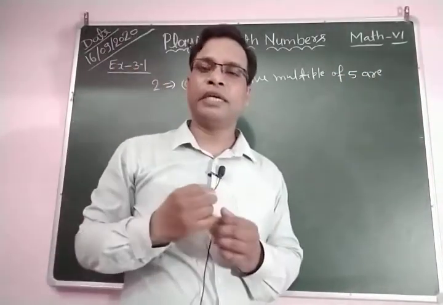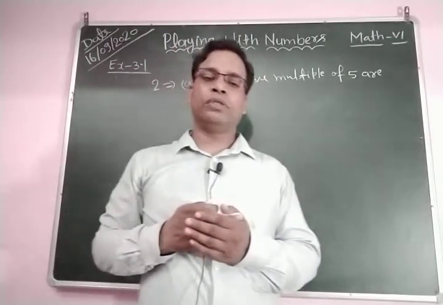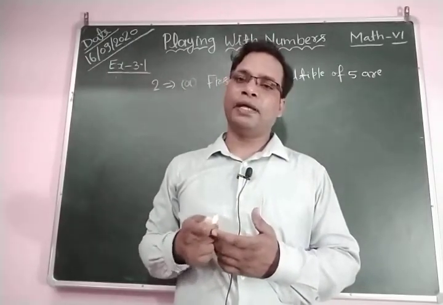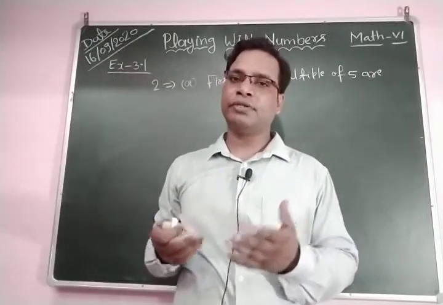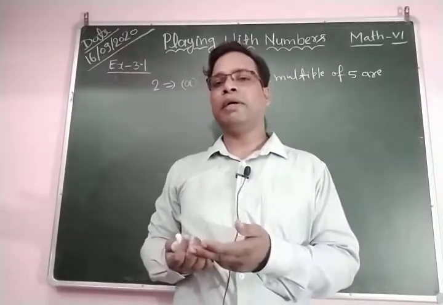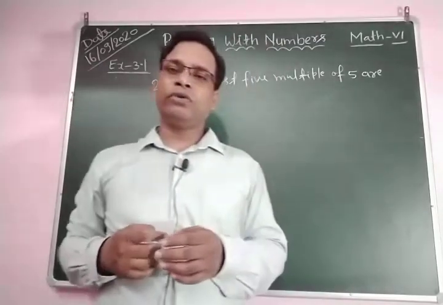You can multiply 5 into 1, 5 into 2, 5 into 3, 5 into 4, 5 into 5, 5 into 6, 5 into 7. Any multiple of 5 you can find by multiplying by 1, 2, 3, 4 and so on. But here we need only 5.